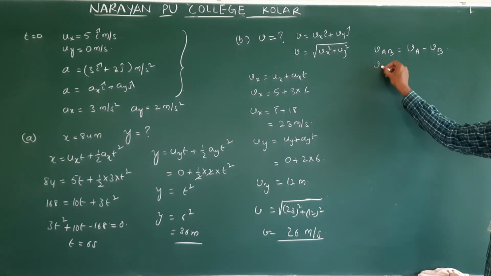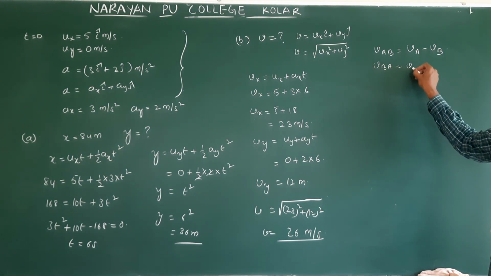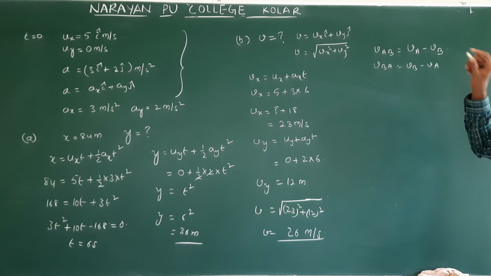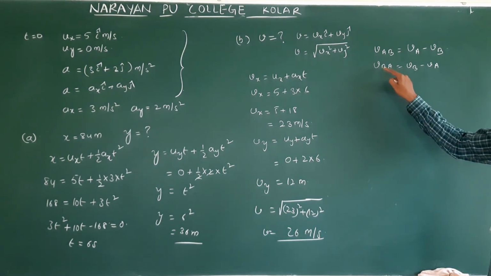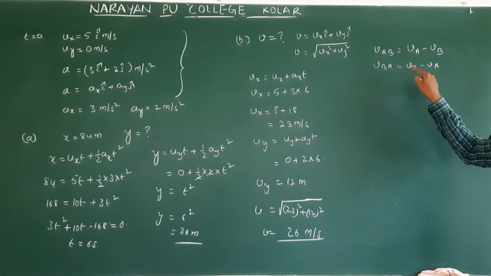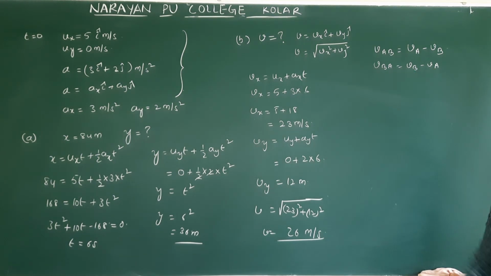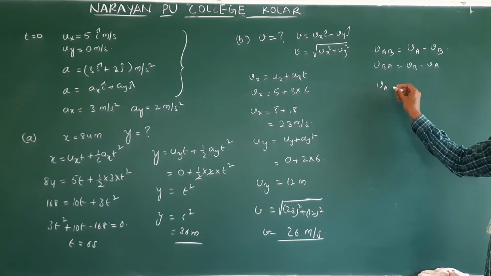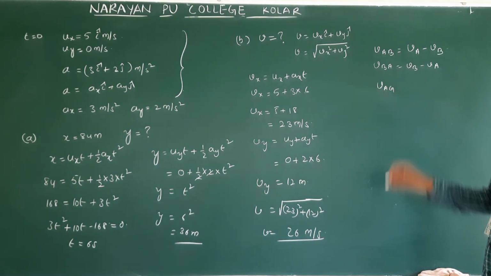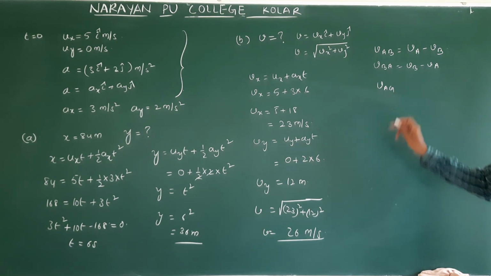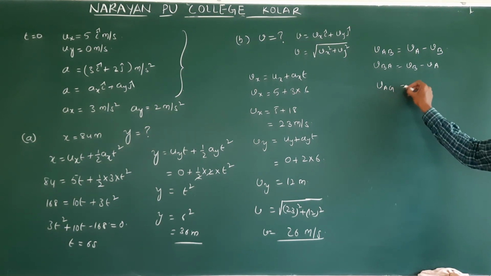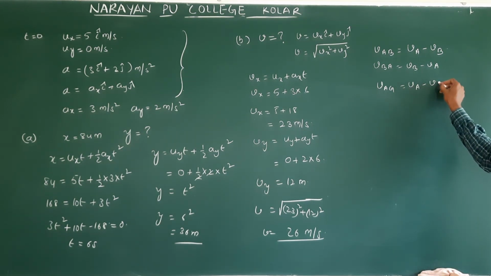Or if VBA is there, then this is VB minus VA. VBA means velocity of B with respect to A. Understand? Actually VA we will write as VAG, meaning velocity of A with respect to ground. So this is VA minus VG.